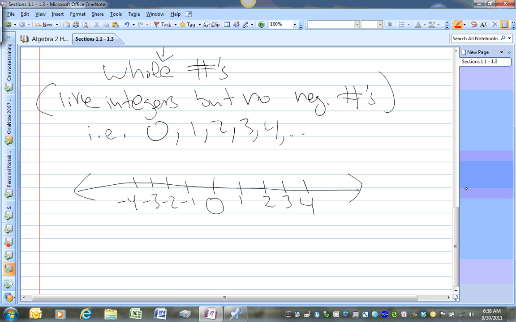And let's say we wanted to plot the following numbers. Give me one sec here. See if I can make this a little thicker. Here we go.